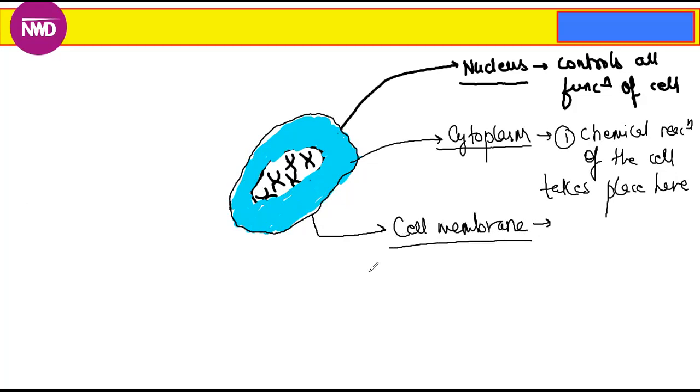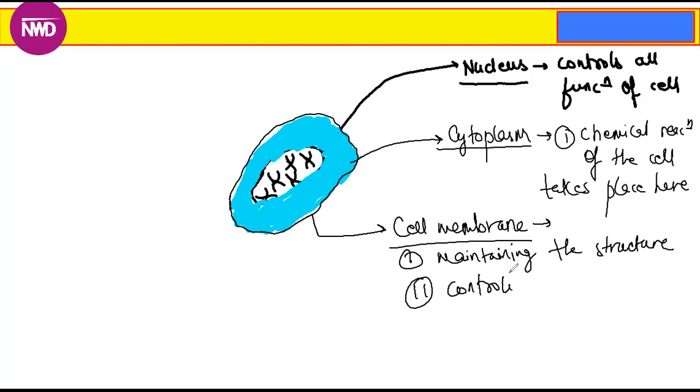What is the cell membrane doing? First, maintaining the structure, and its second work is controlling the in and out of the cell. What comes inside and what goes outside of the cell is maintained by the cell membrane.